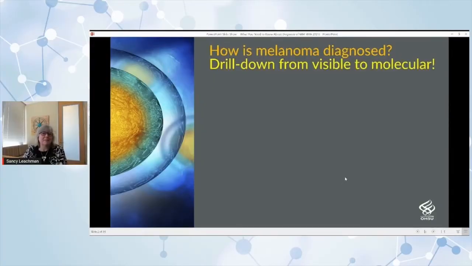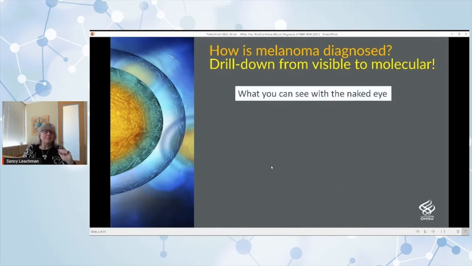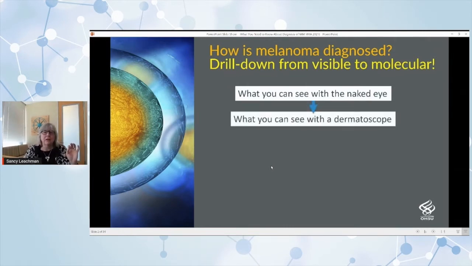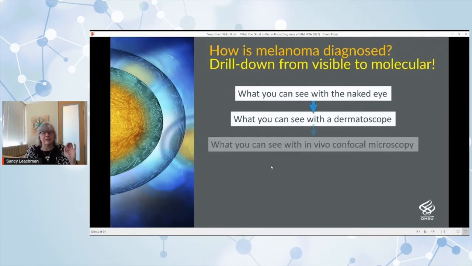So how is melanoma diagnosed? I think it's really important. What we're going to talk about is a drill down into the ways that melanomas are diagnosed. What you can see with the naked eye is one way of diagnosing. But you can use a dermatoscope, so you can see more with a dermatoscope.